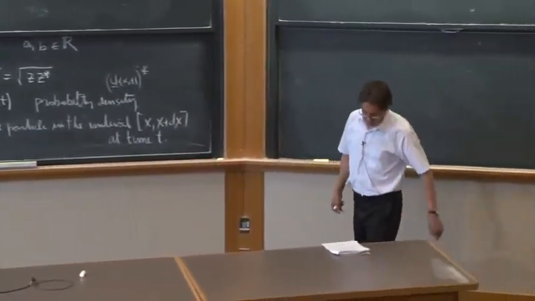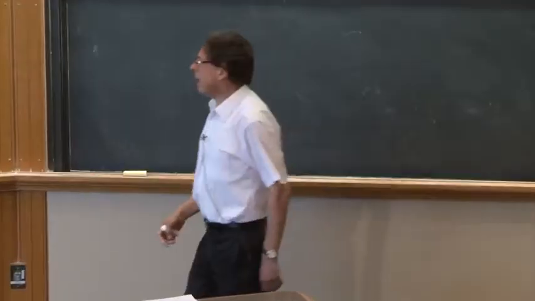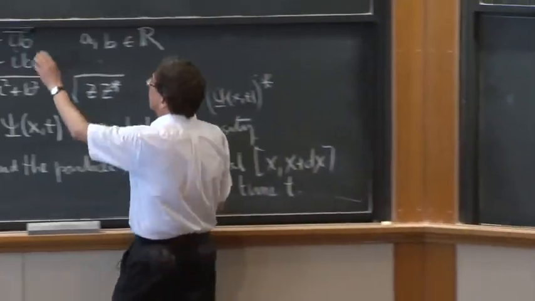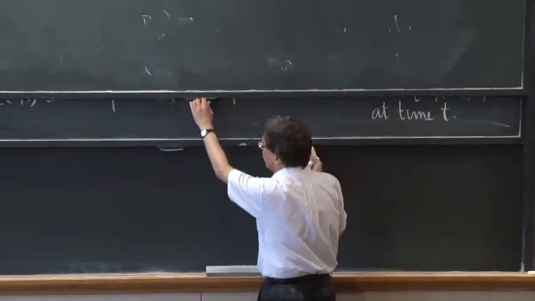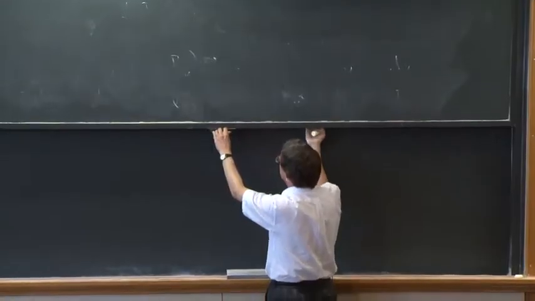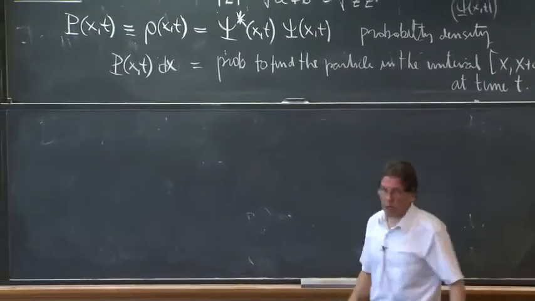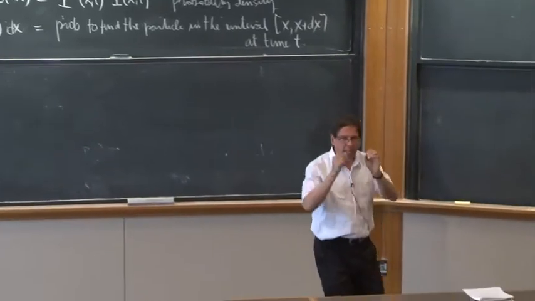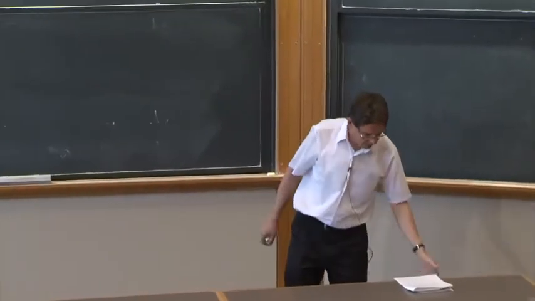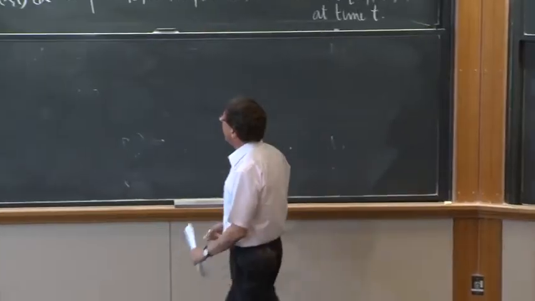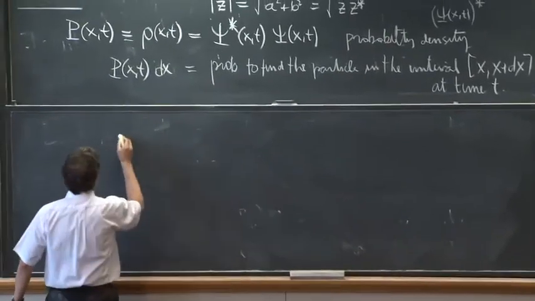So this is our probability density. It's a way to make physics out of the wave function. It's a postulate. And the consequence of this postulate, since we're describing just one particle, is that the particle must be somewhere.